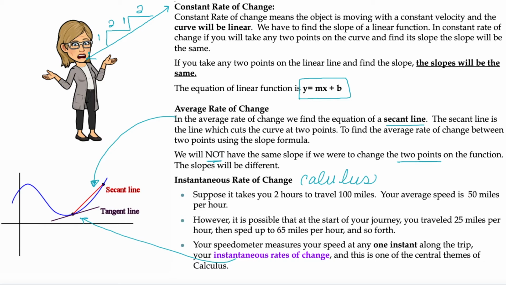At one specific point, I might be going 25 miles an hour. So even though I might speed up or slow down, depending upon the time I specifically am looking at, there's going to be 1 instant rate of change at that time. Whereas the secant line tells us on average how fast we are going over the entirety of our trip.